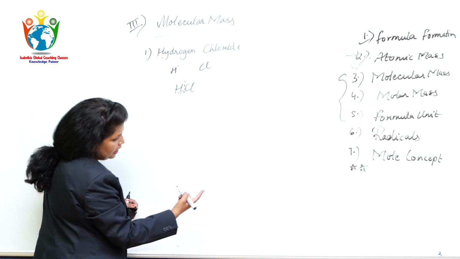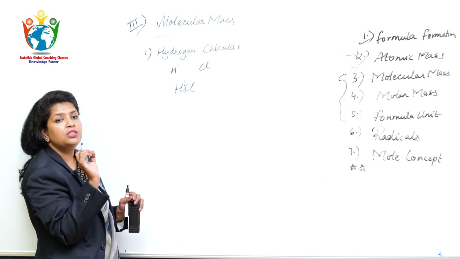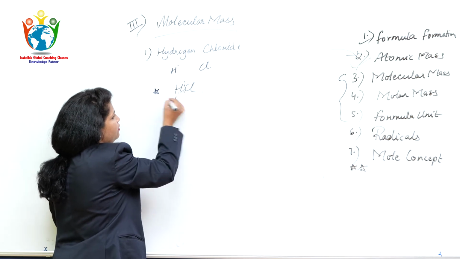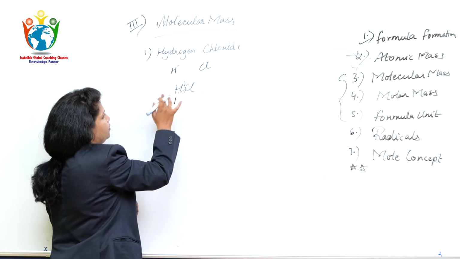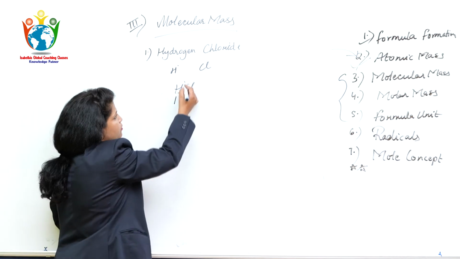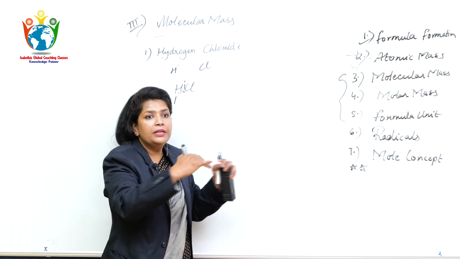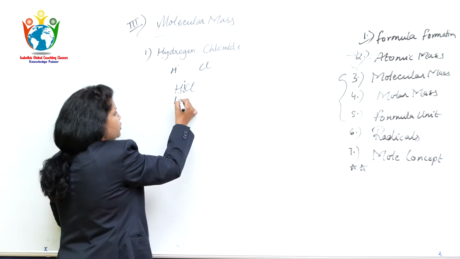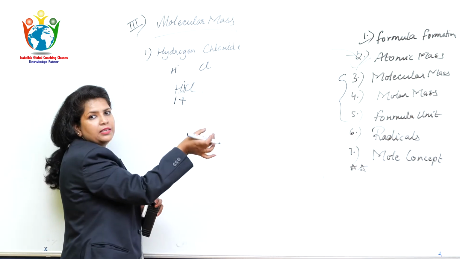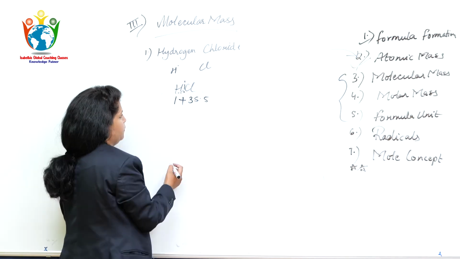Hydrogen is an exceptional, for this hydrogen I will write 1. As you jump to the next element, again I have made a boundary. Boundary means you have a limit, for that limit you put plus. Now chlorine, again an exceptional, it is 35.5.